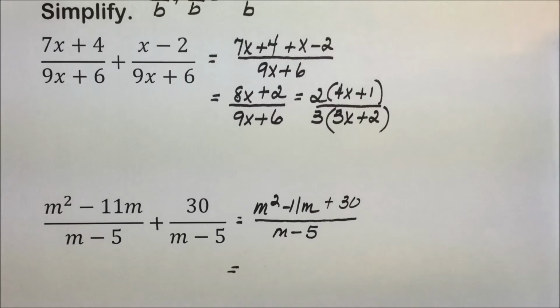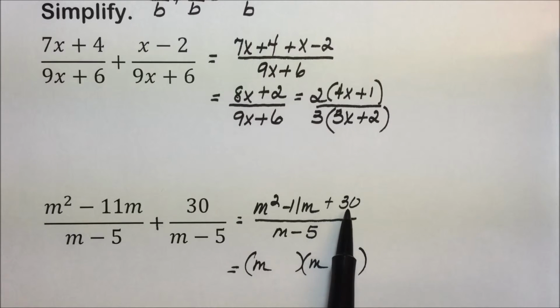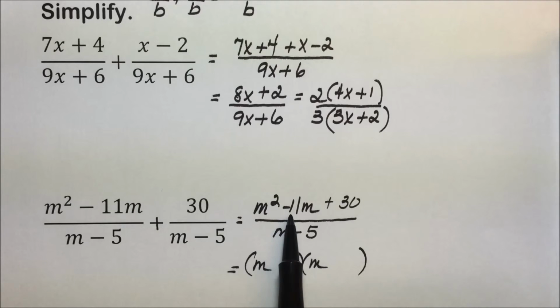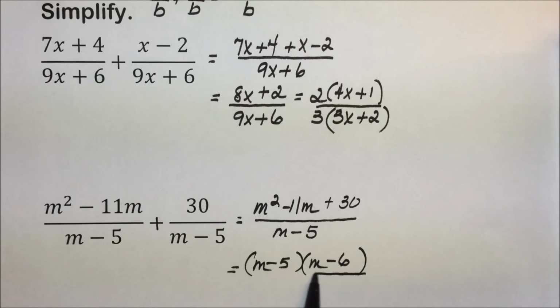And to determine that, let's factor our numerator. Factors of m squared for our first term came from an m and m. Factors of 30, both signs being the same, both being negative, that add up to be 11 would be a negative 5 and a negative 6, all over the common denominator of m minus 5.